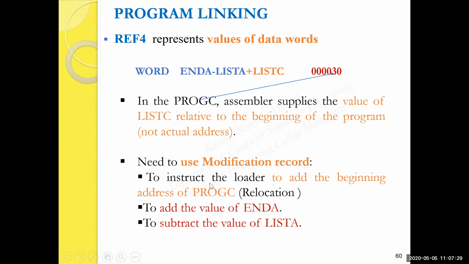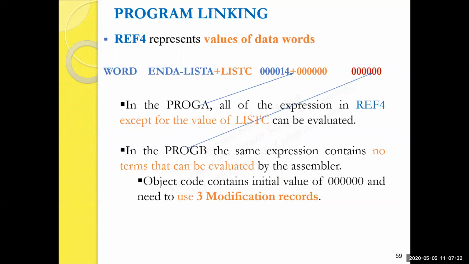In program A, one modification record is required indicating the value of list C to be added. In program B, 3 modification records are required because NA, list A and list C are not known. So 3 modification records are required and the value assembled is 0.